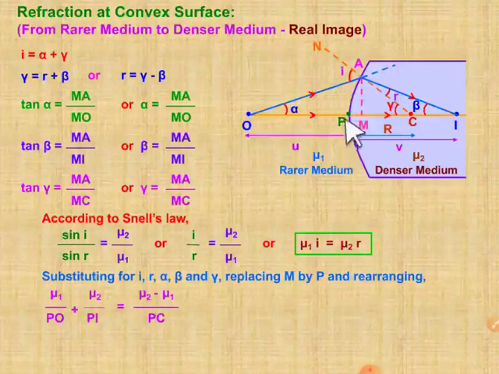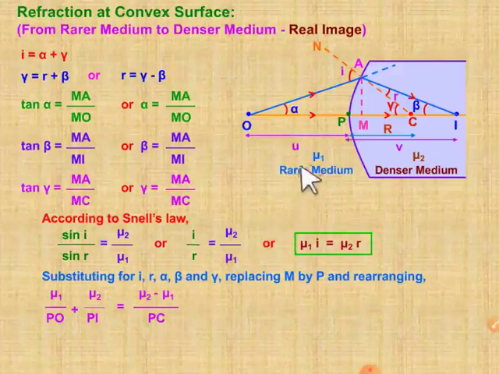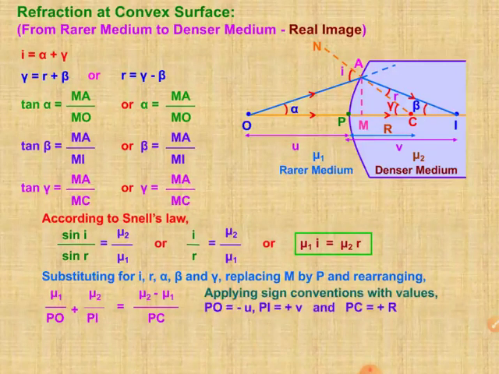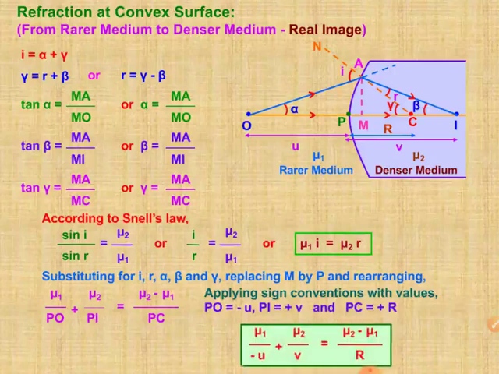So your object distance PO will be taken as negative, and the object distance is denoted by u, so it will be mu1 divided by minus u. After putting all those sign conventions, it will come like this.